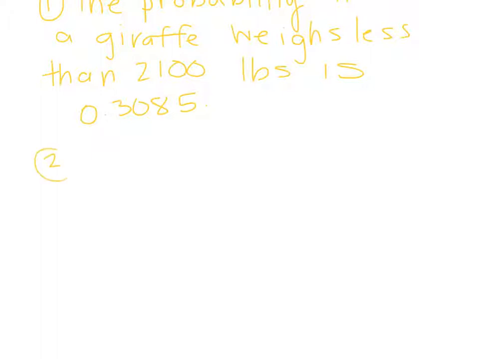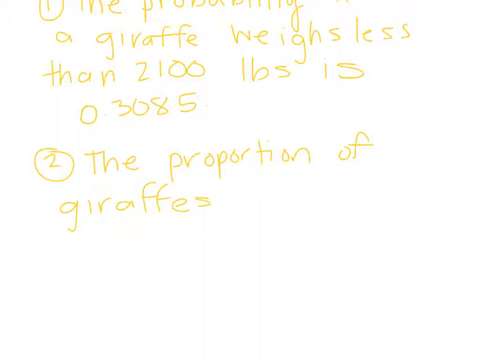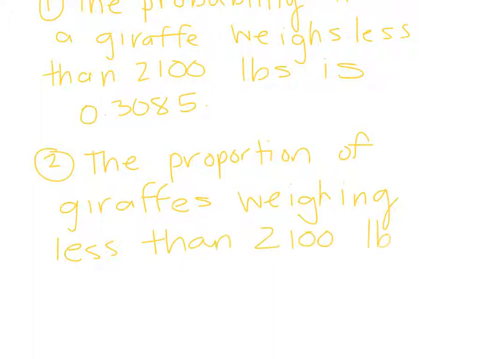So our second interpretation is we could say that the proportion of all giraffes that weigh less than 2,100 pounds is 0.3085. And there you go.